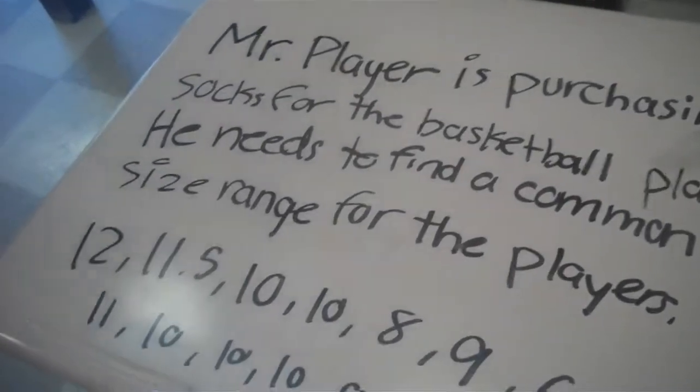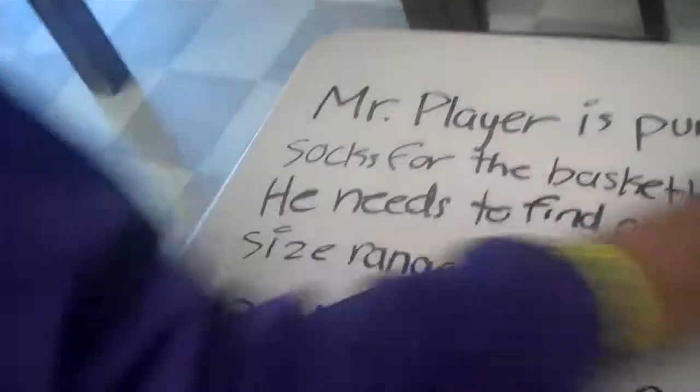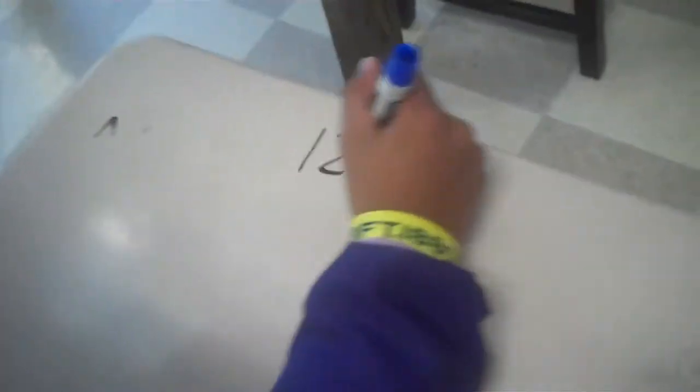Okay, so what we first want to do is find the mean. The mean is basically just the average of all the data. So we have our data points right here, and what we're going to do is find the average. To find the average, you add all the data points, and I'll do that below.